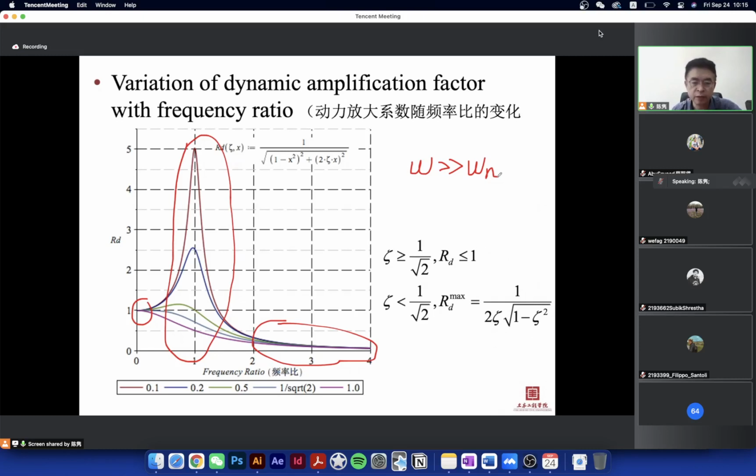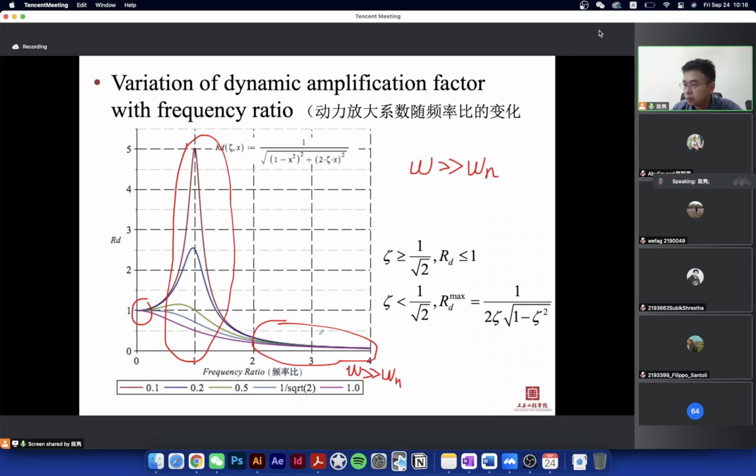Is this an effective way or not? No, I think no, because when omega is very large compared with omega n, you can see here, this part means omega larger than omega n, or far larger than omega n.